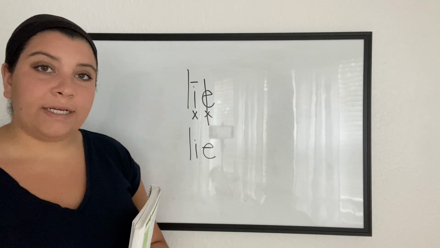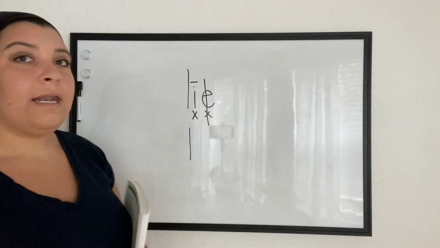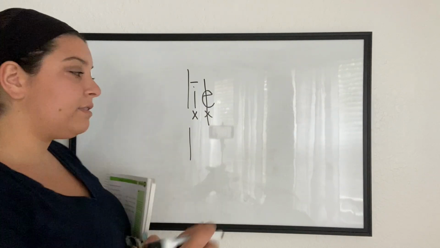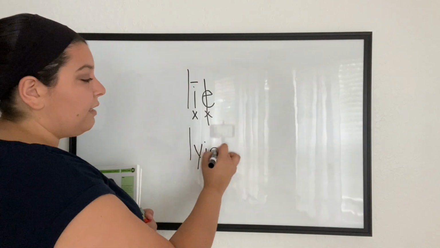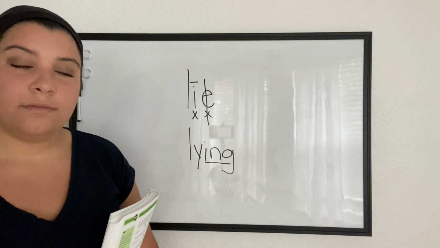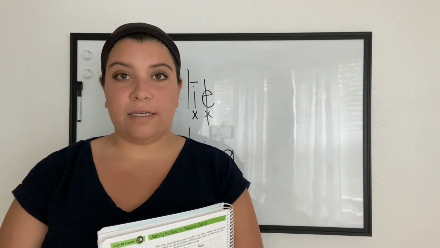I need to erase the I and the E, and I have to replace that IE with a Y. It's going to make the same sound as the I. And then I'll add my suffix ing and underline. Lying.